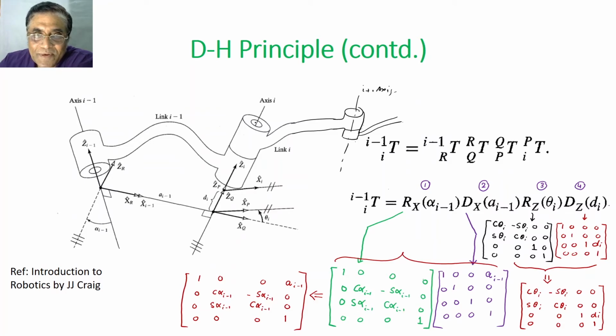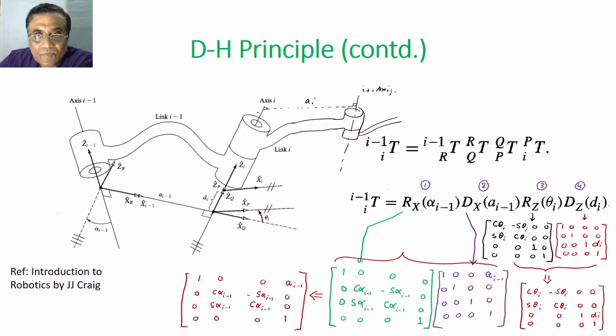The common normal is the minimum distance between two successive axes, right? So this will be ai. This is the x-axis, which is assigned for describing the common normal. This is the z-axis, and say this is the coordinate frame.